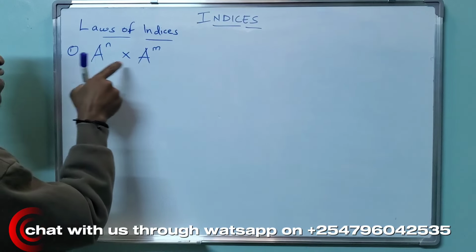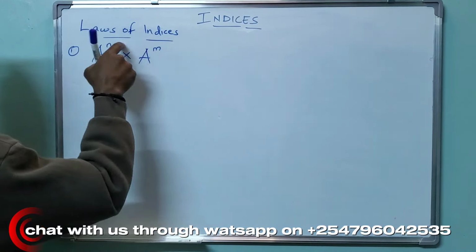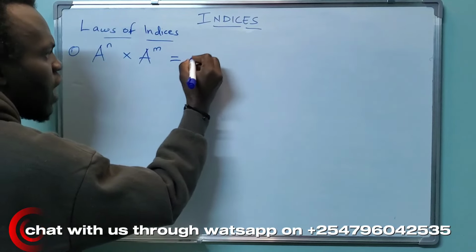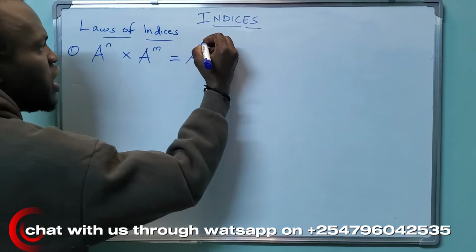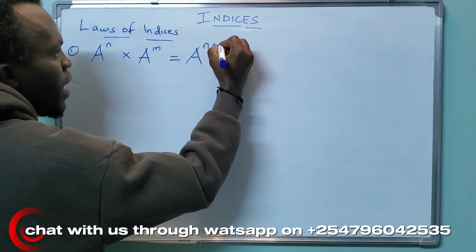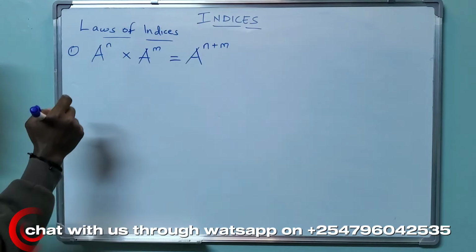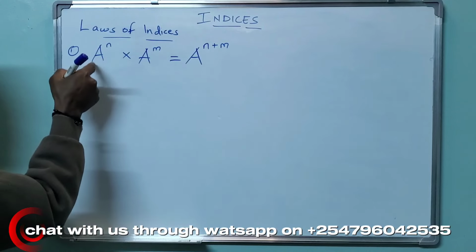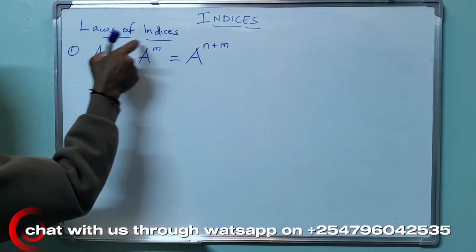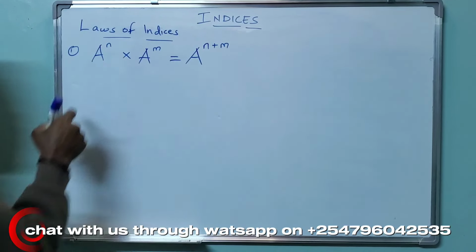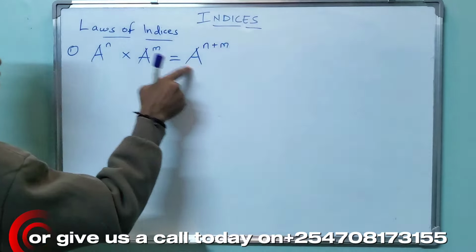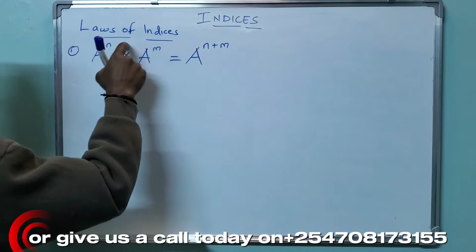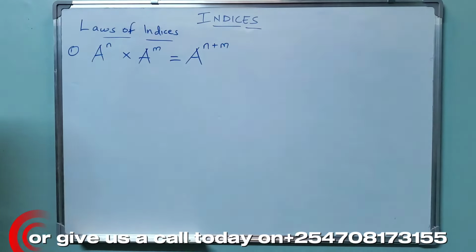If the bases are the same and the powers are different, you combine that base with the powers being added, that is n plus m. So when two same bases with different powers are separated with multiplication, you combine them into one base and add the powers. That is the first law of indices.